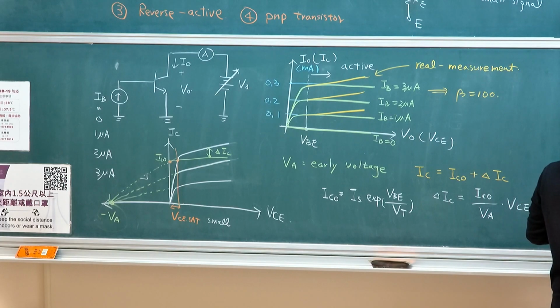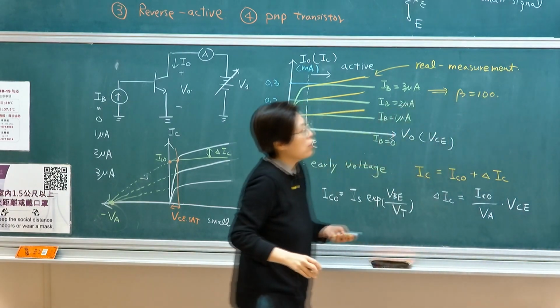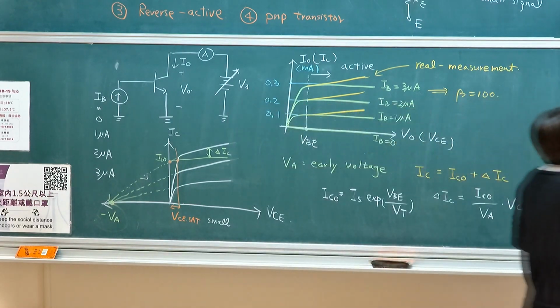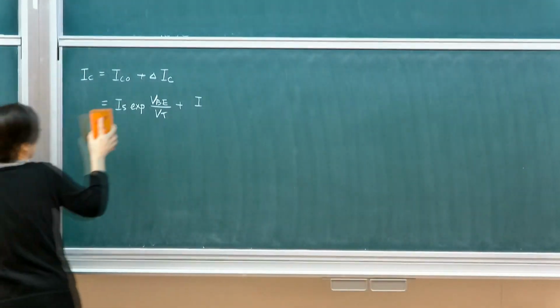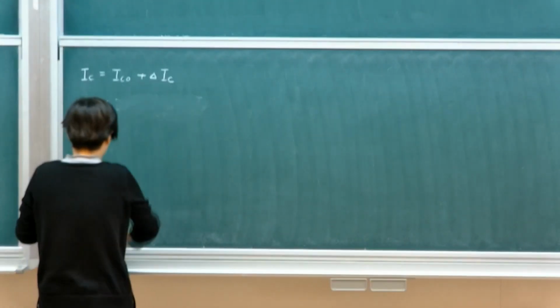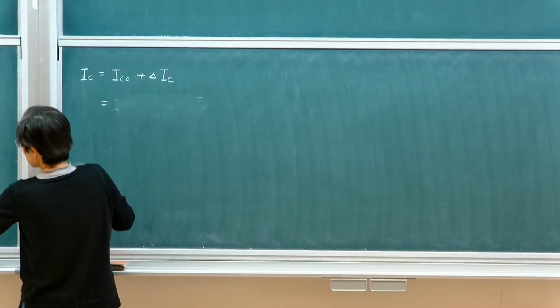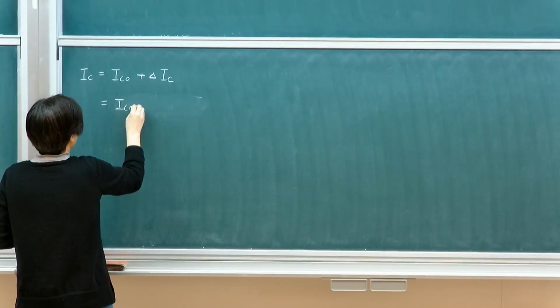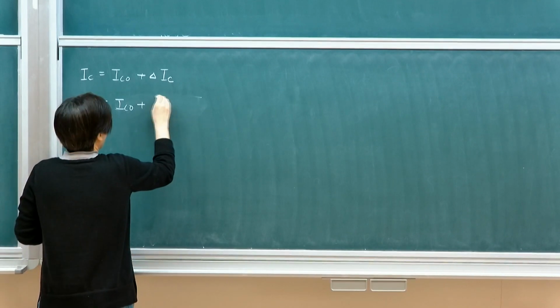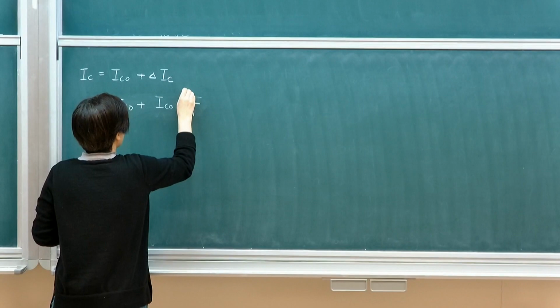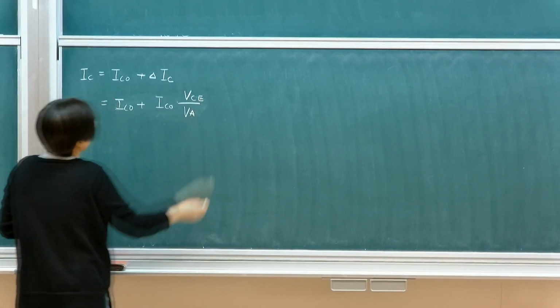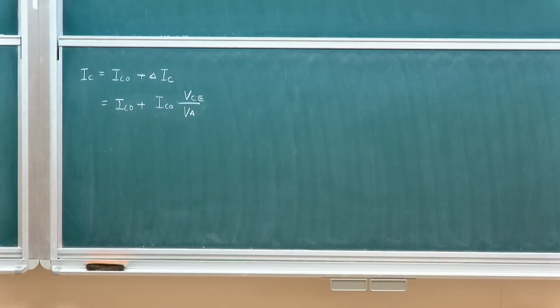This is IS exponential VBE, still the independent VCE part, plus the dependent part. So you're using ICO. Actually, easier, sorry. Based on this equation, this is ICO plus ICO VCE over VA, right?